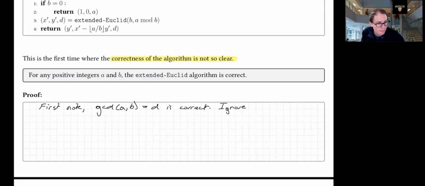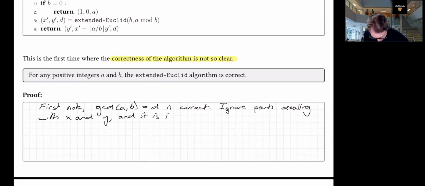Ignore the parts dealing with X and Y, and it is identical to the Euclid algorithm we gave in the last lecture.